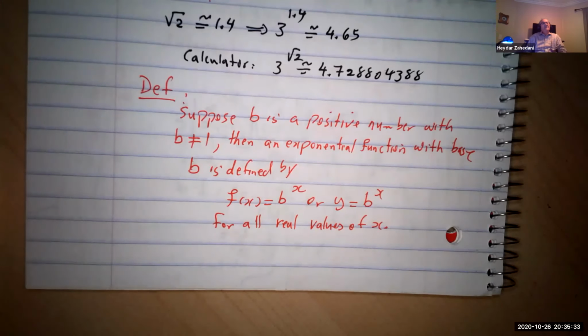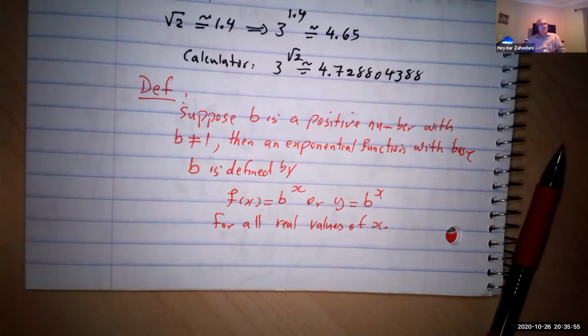So the exponential function is going to be a base, a number. That number must be positive, to the x. If you pick the base to be negative, then you have to use the complex numbers. That's why we don't use it. Okay, so that would be our exponential function that we're going to have.